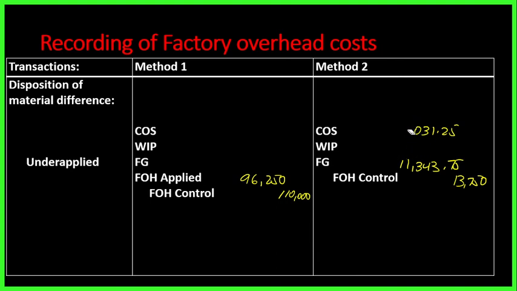Let's erase this. In your finished goods, that's only 10%, 1,375. And if I remember it right, the big one is 11,343.75. And finally, you have 1,031.25.